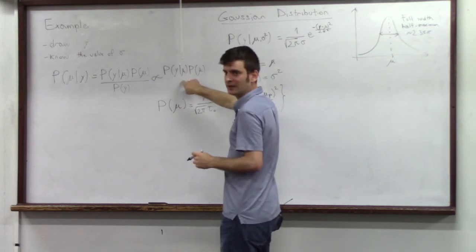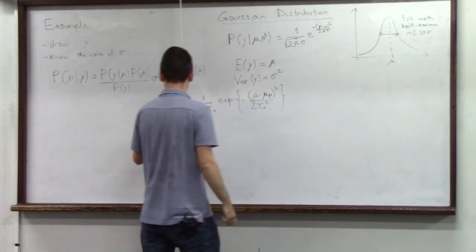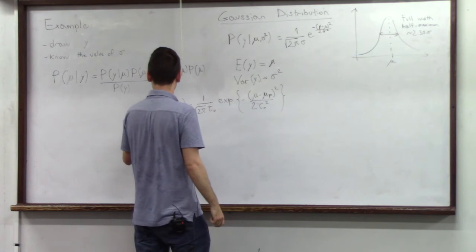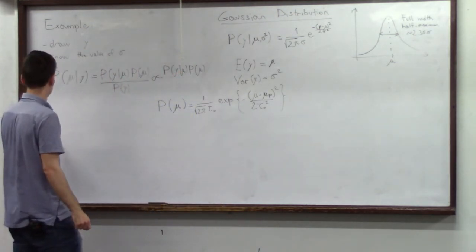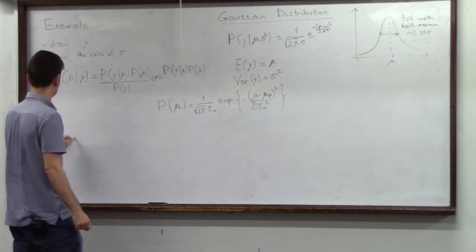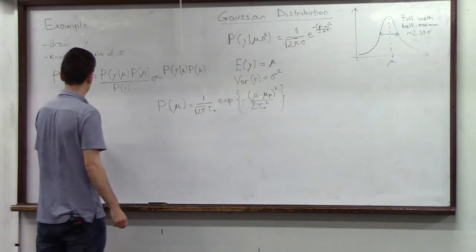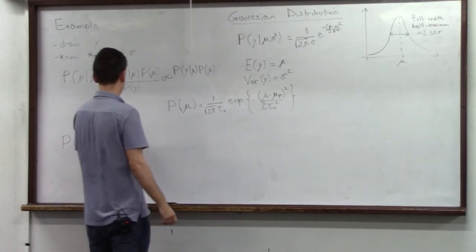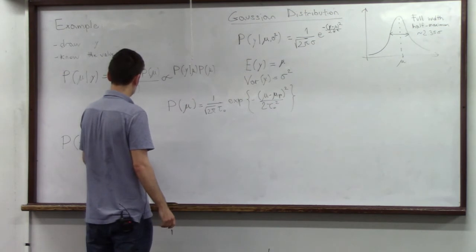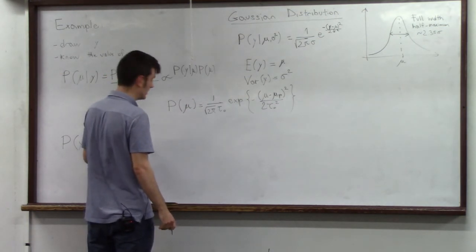So we want to evaluate this, and so this is the product of two Gaussians.